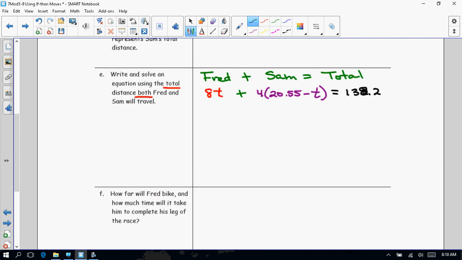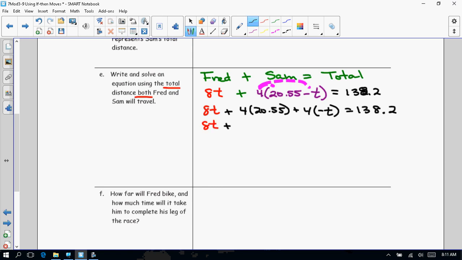I bet we could solve that. Where would you start? I would start with the distributive property, and I'm going to combine like terms at the same time. So 8t plus 4 times 20.55 plus 4 times negative t equals 138.2.